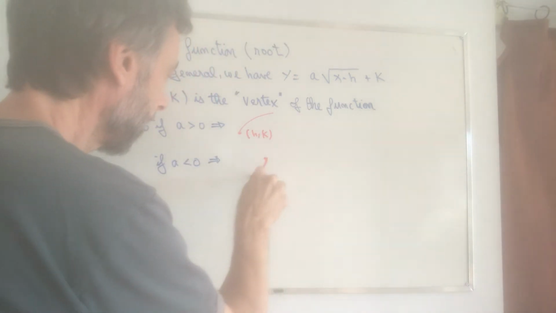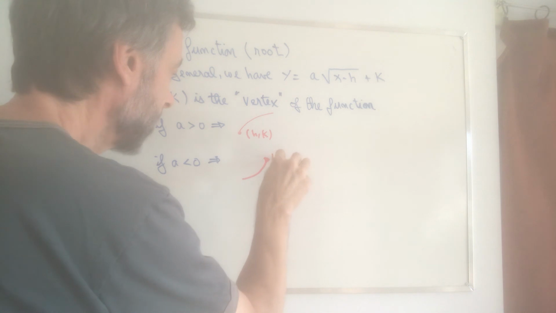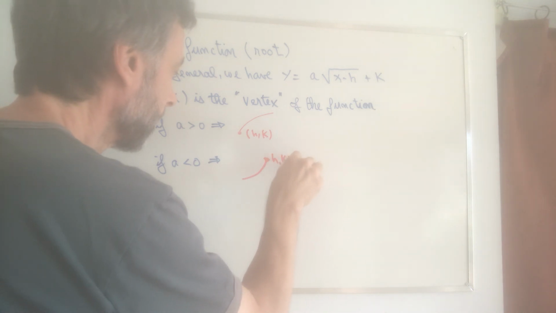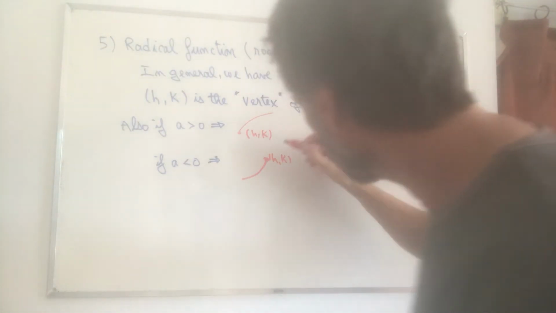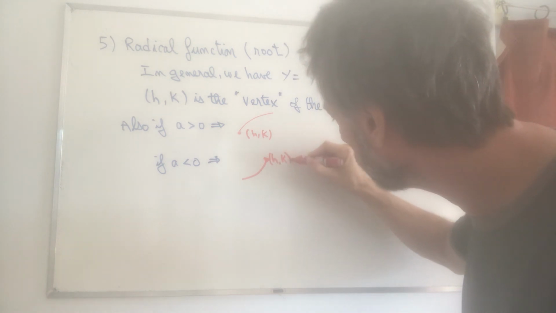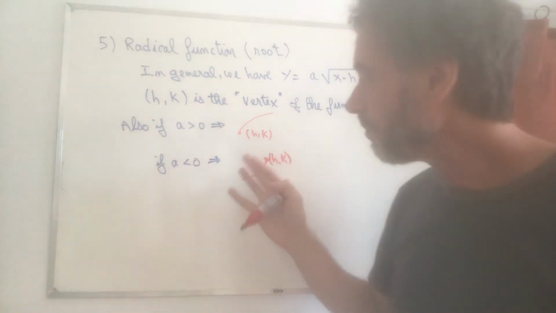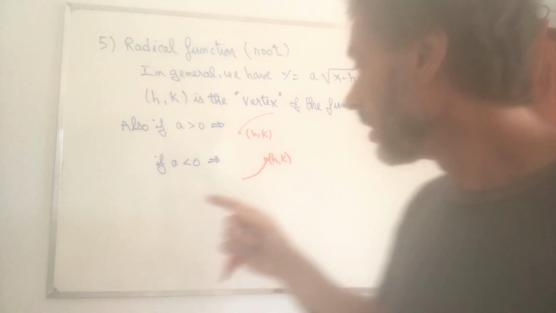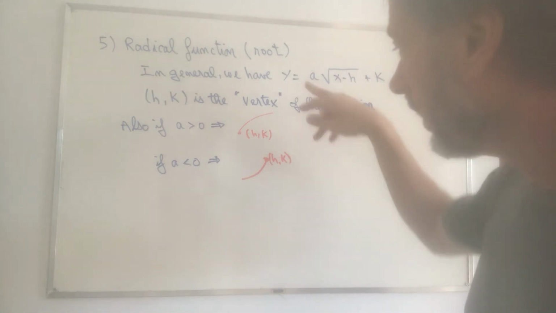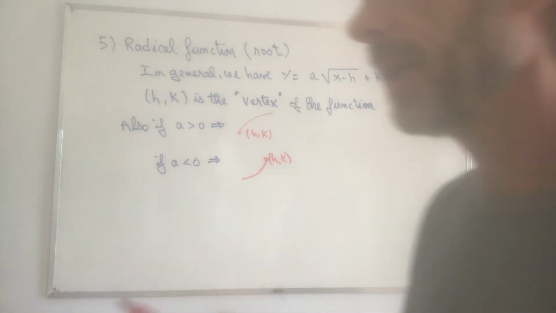Something that actually looks like this, where this is your (h, k). So the shape of the root will go downwards if a is negative.